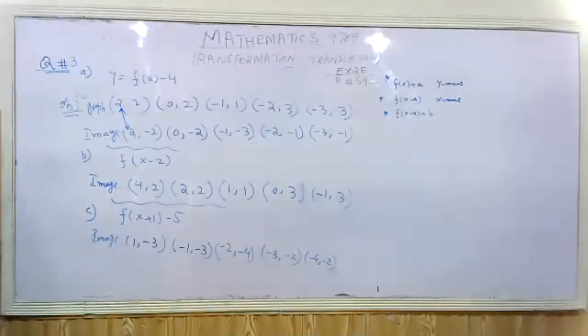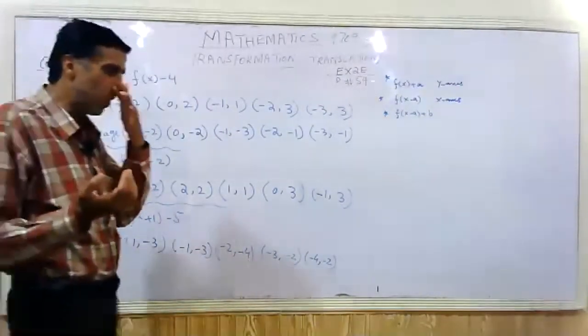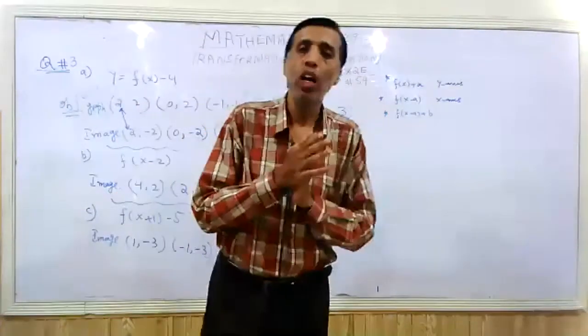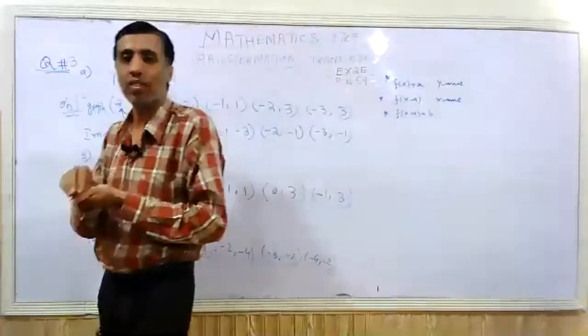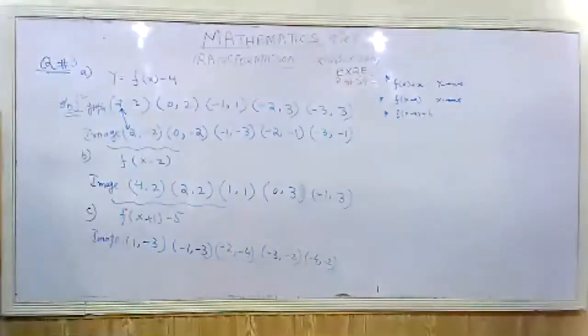Now, if you see question number 4, on the same axis, sketch the graph of y equals 2x and y equals 2x plus 2. The same thing, you will have to draw a table of values and draw the graph of 2x and 2x plus 2. In the B part, y equals 2x can be transformed.